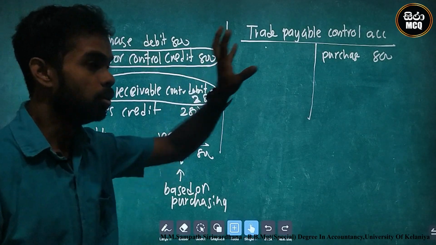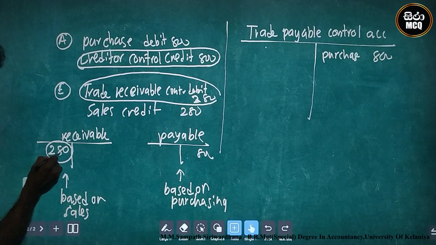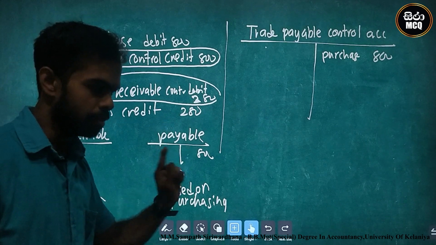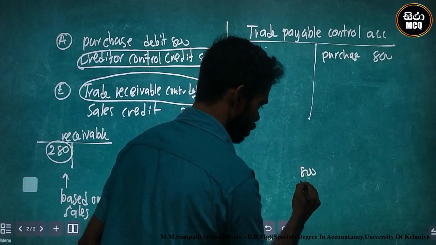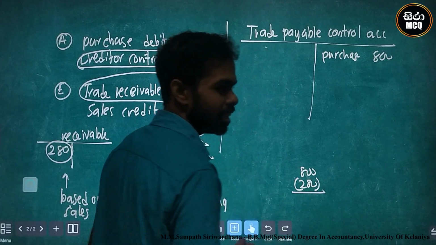Therefore, we have a payable of 800. Part of this, what is the part? 280. We can cut it from the payable 800. There is a payable 800, and there is a receivable 280. We can cut it. Okay.